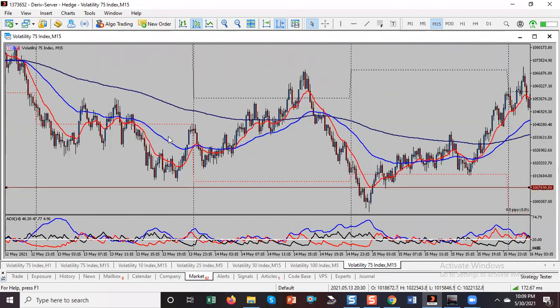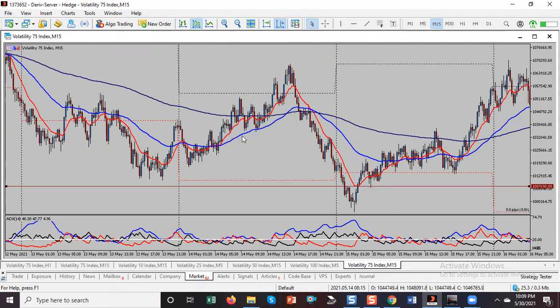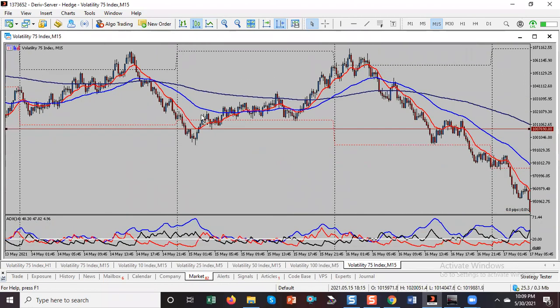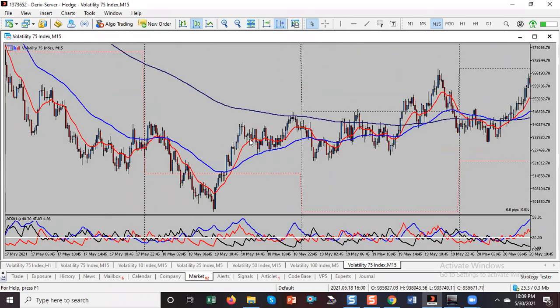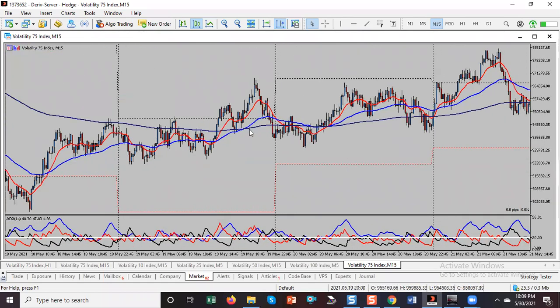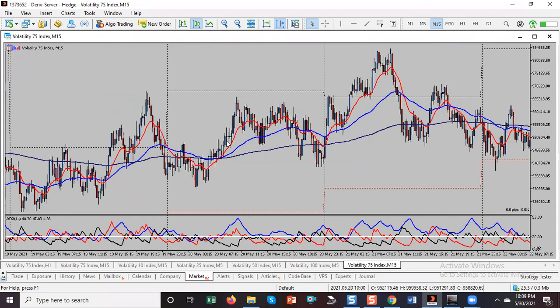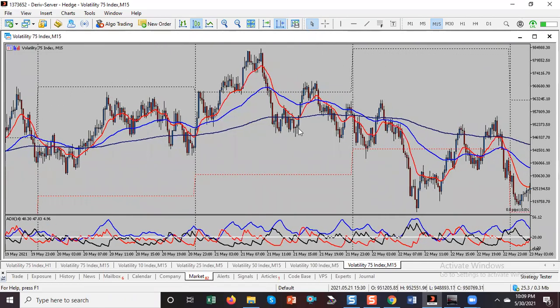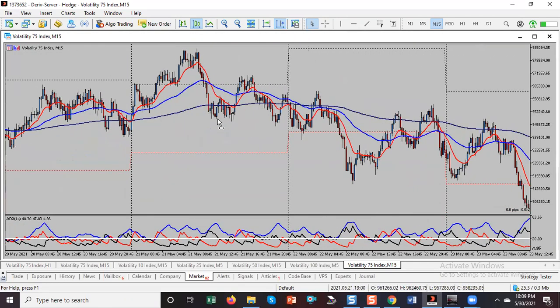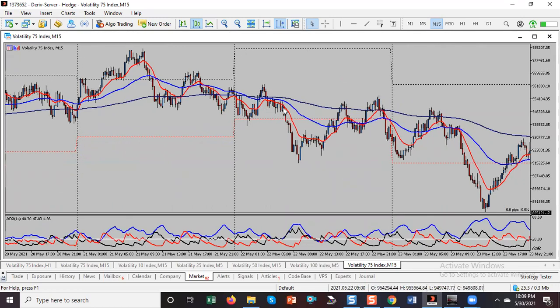Okay, here the moving averages are not lined up. No setup. Here price, the 50 was still below 200. Okay, we have a setup here. So we see price pull back to the 200 exponential moving average, and we have the 13 and 50 below the 200.